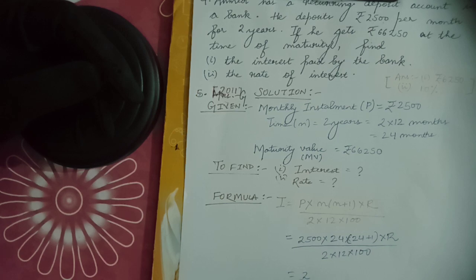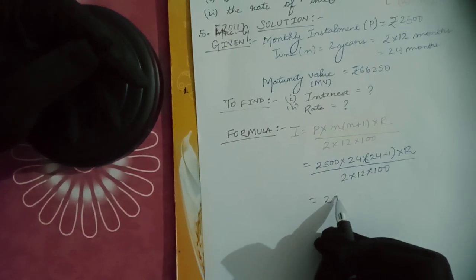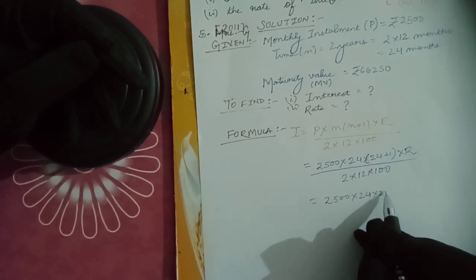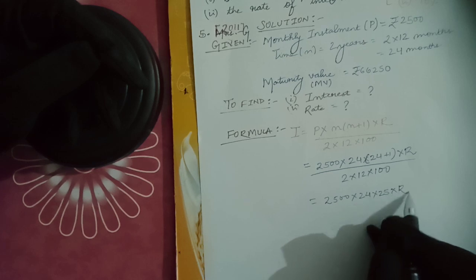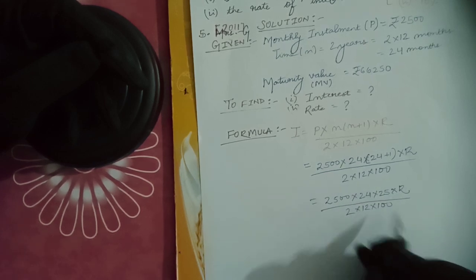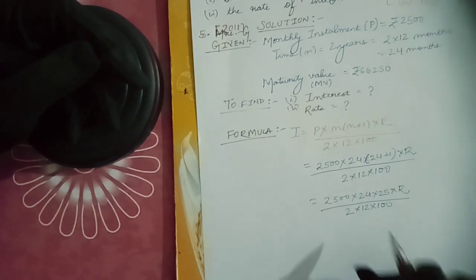Now it is 2500 into 24 into 24 plus 1, which means 25, into R by 2 into 12 into 100. So we can also cancel out the numbers over here.